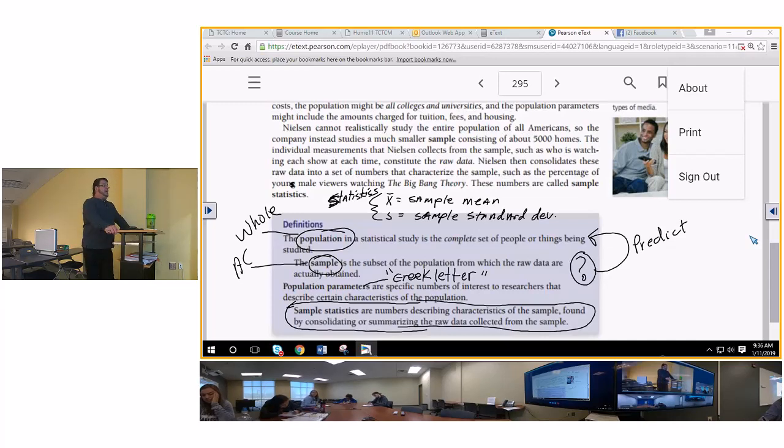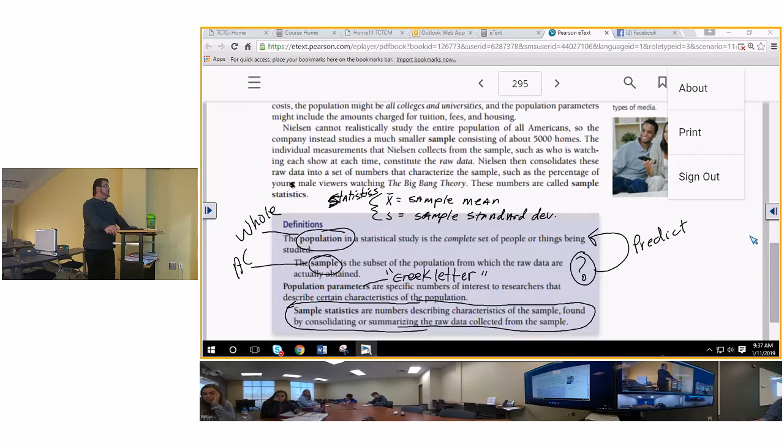Now, why would you need to know this? The only reason you need to know this at this level is if you're presented something or if you are presenting something, like a report, and you don't want to show your ignorance by saying, what does that X bar mean? Now you know. The X bar, since it's a letter, means you're dealing with the sample.